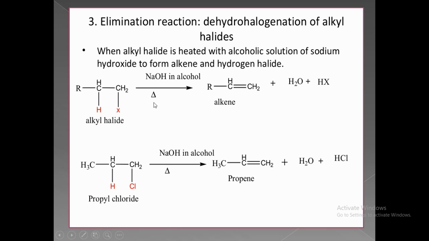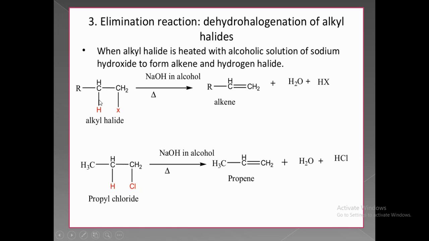Let us see the reaction now. Initially the halogen X is present over one carbon atom, and the adjacent carbon atom has at least one hydrogen.